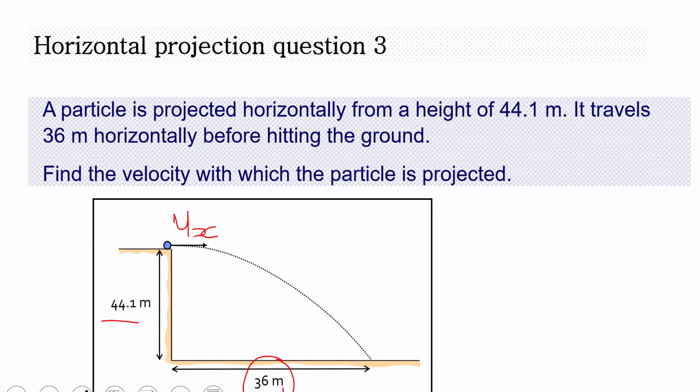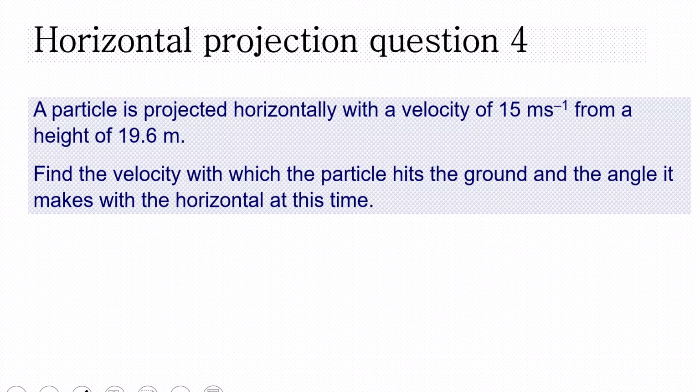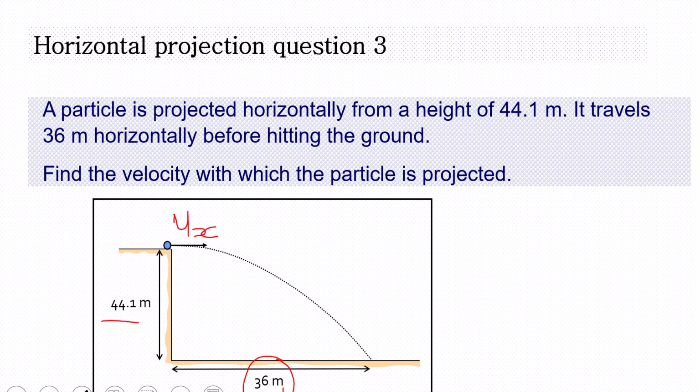So let's go summarize this information and then we answer the question. So if I start with x, our displacement in the x direction, sx was, let's go back and check, sx was 36 meters and sy was 44.1.